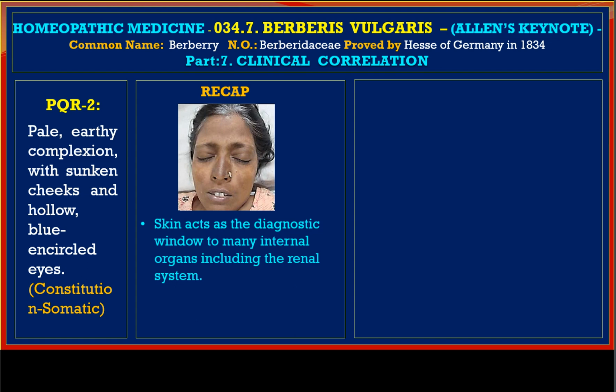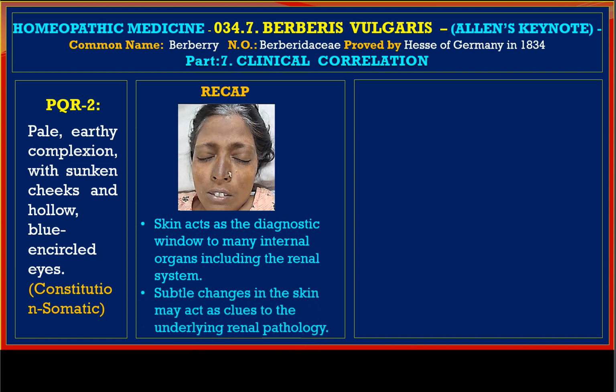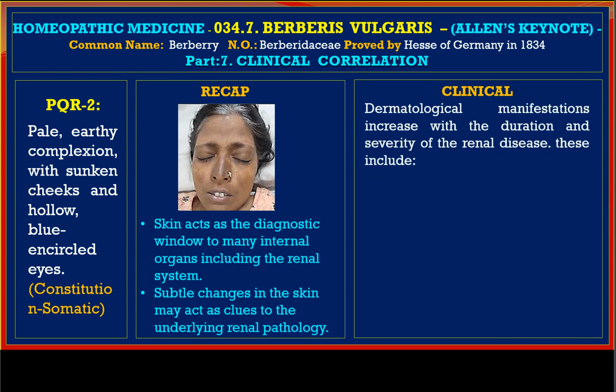In chronic renal failure, the skin acts as a diagnostic window to many internal organs, including the renal system. Subtle changes in the skin may act as a clue to the underlying renal pathology. Let us go ahead with the clinical correlation.